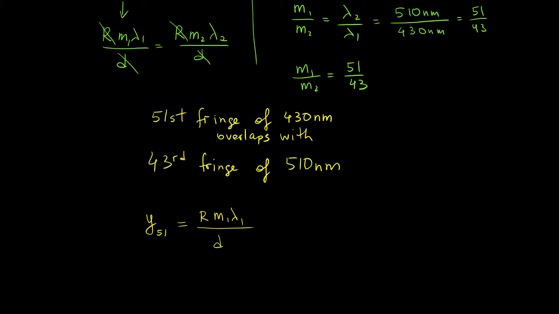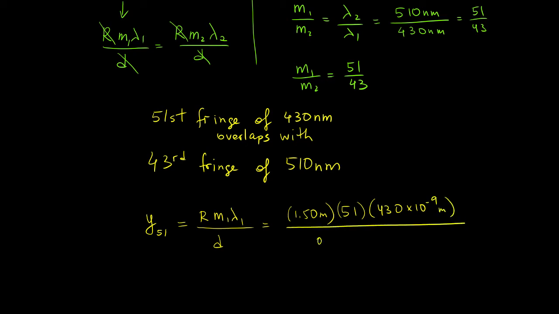What was our R? Our R was 1.50 meters. M1 is 51. Lambda 1 is 430 times 10 to the negative 9 meters, over the separation between slits, which is 0.025 times 10 to the negative 3 meters, which equals 1.32 meters. So that is quite far away on the screen when you see the overlap.